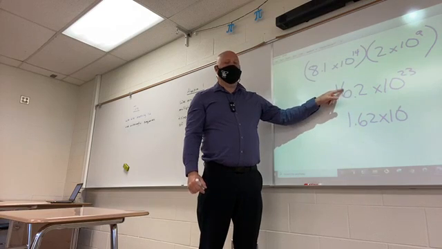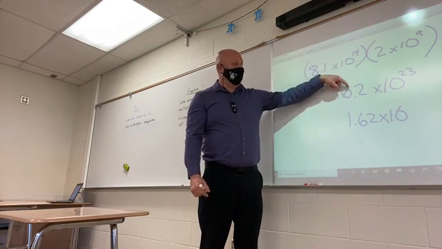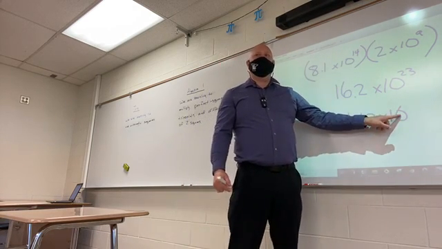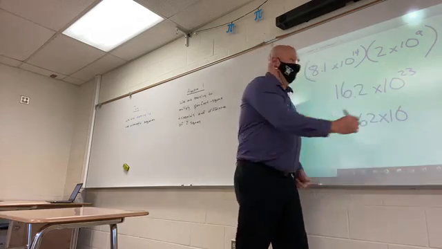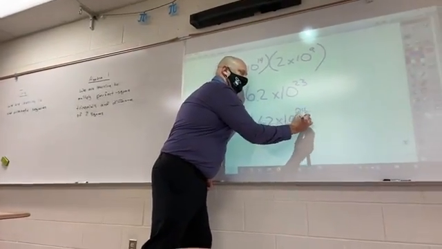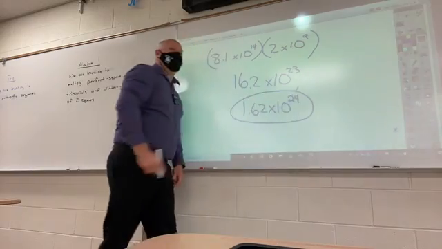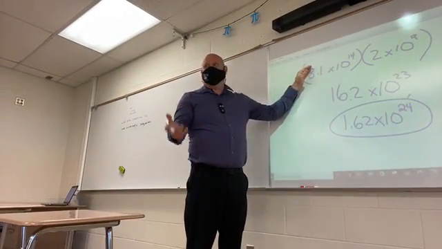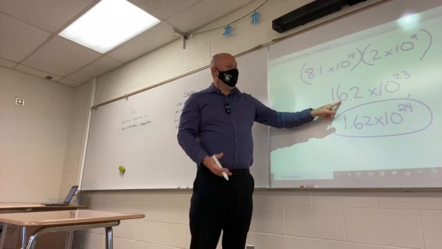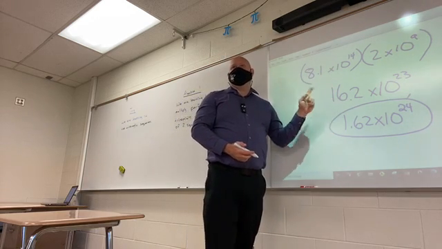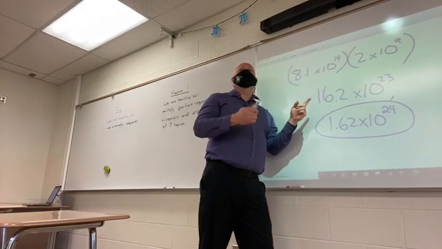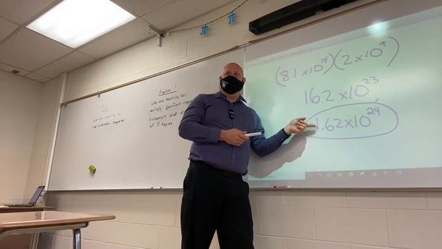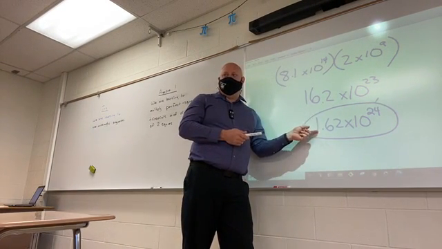Did this number get bigger or smaller? If this number gets smaller, what has to happen to this number? It has to get bigger, so this should be 24. This is what the answer would be. So when you do the multiplication or the division, if you end up with an answer where the decimal's not in the right spot, you may be forced to move it to get it into the right spot.